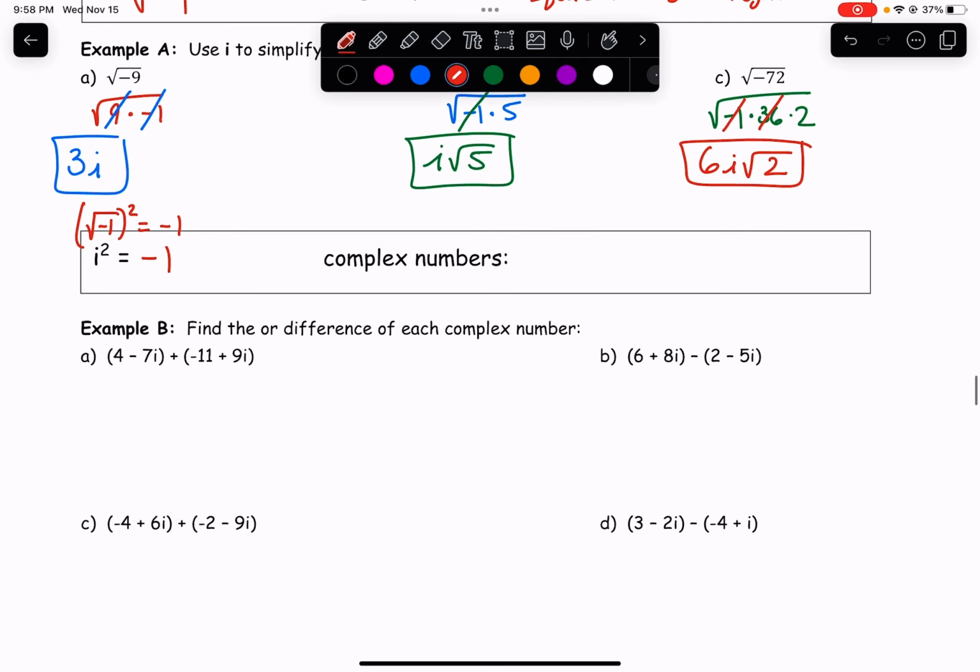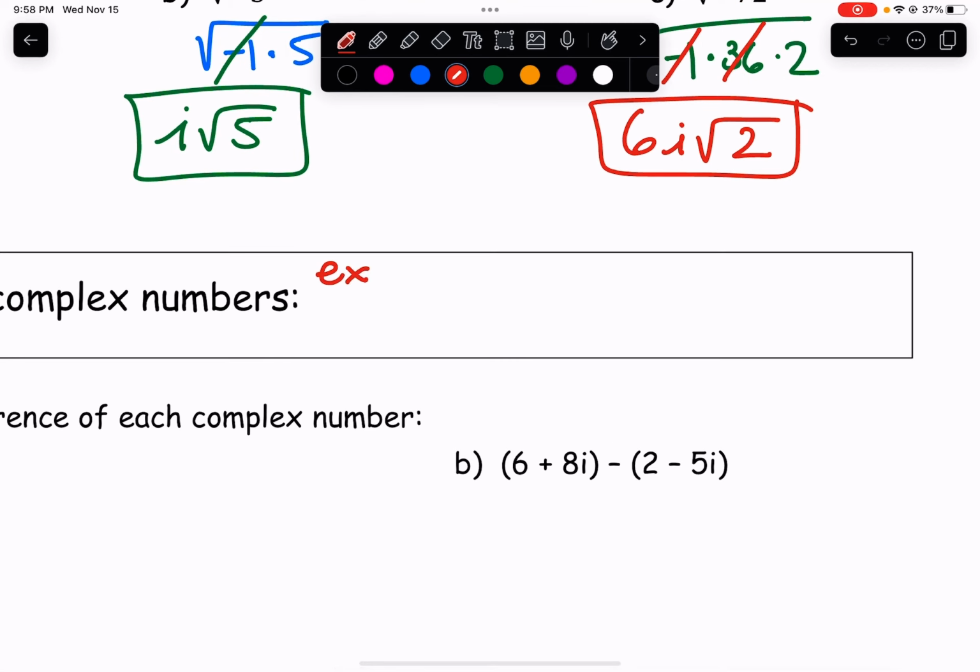All right. So, and complex numbers are expressed as a plus bi, and i is an imaginary number.